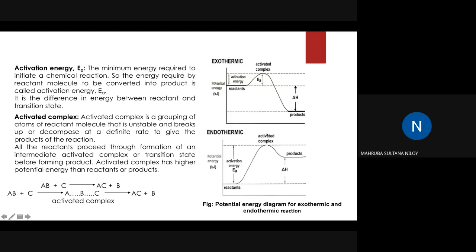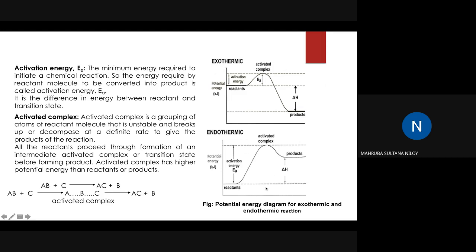And is the energy of the activated complex more or less than the product? Sir, it's more than the product. And if we compare the energy of the activated complex with the reactant, is it less or more? It's more, sir. Okay.